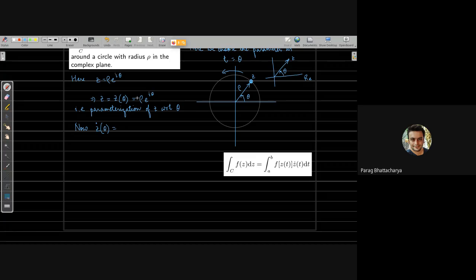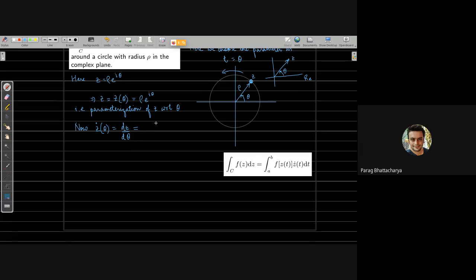What will happen if you differentiate this? z is equal to rho e to the power i theta. So what is the derivative of z with respect to theta? z dot is dz by d theta. Can anyone tell me what this will be equal to?